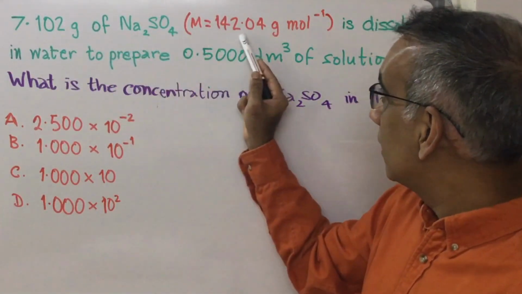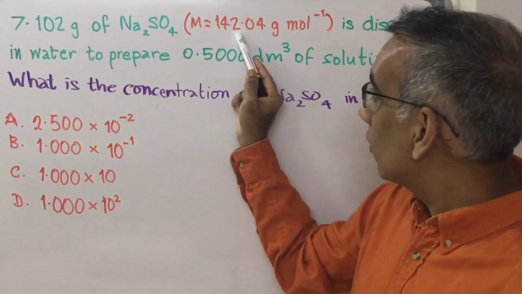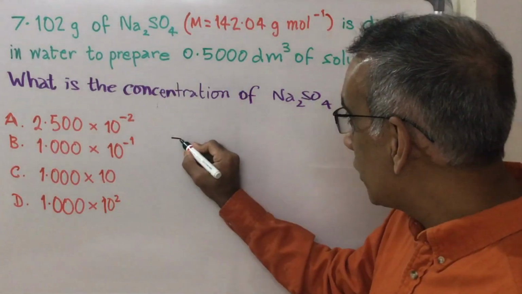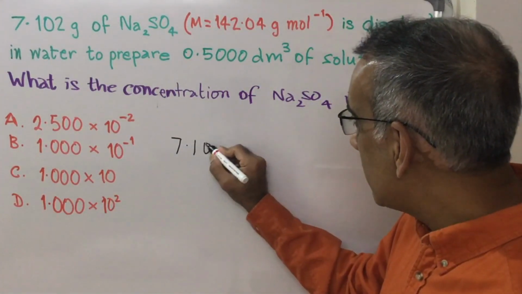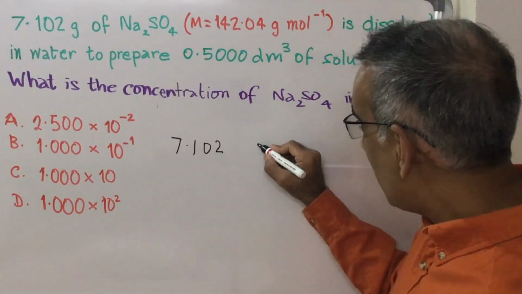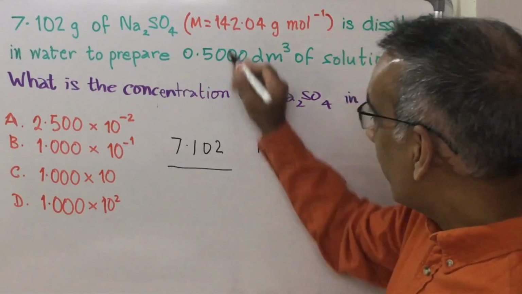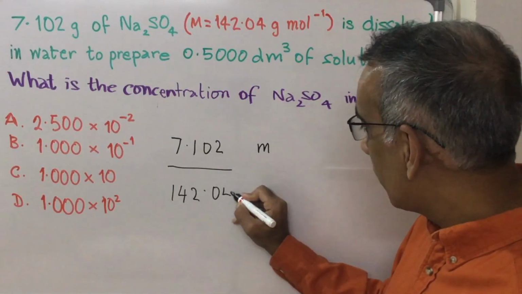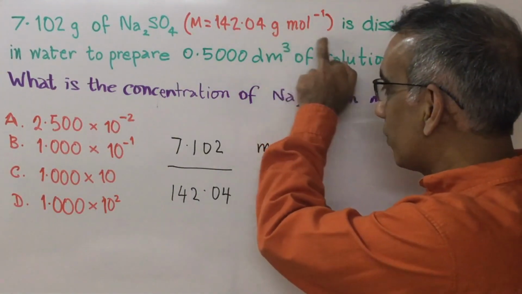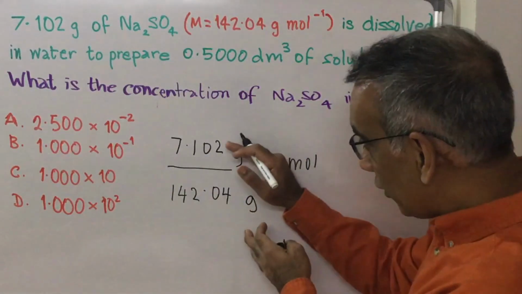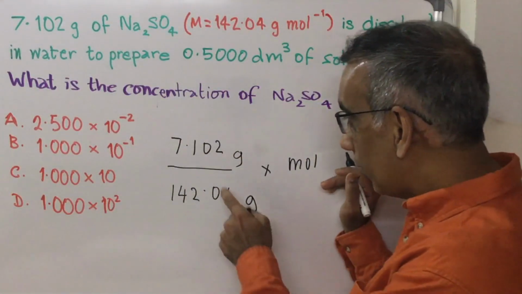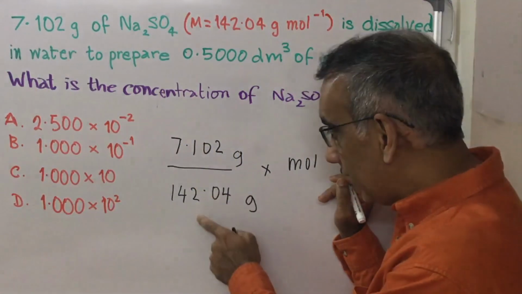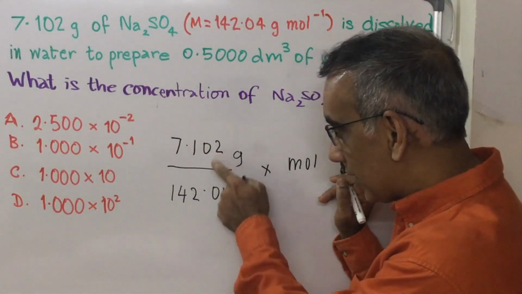7.102 grams and relative formula mass 142. It should immediately jump out at you that there's a relationship between 7.102, the mass in grams, and if that is divided by 142.04 grams per mole, you should be able to inspect the numerator and the denominator and quickly realize that if we shifted this decimal point here and made this 71, this would be half of this.